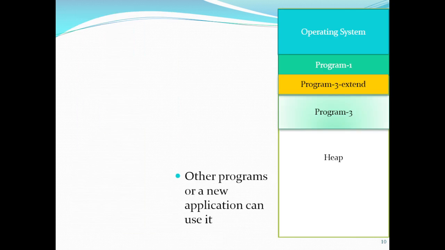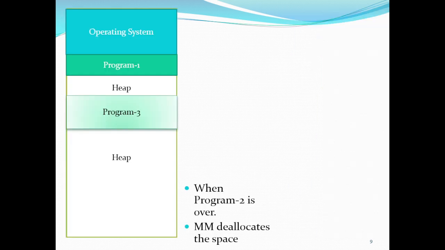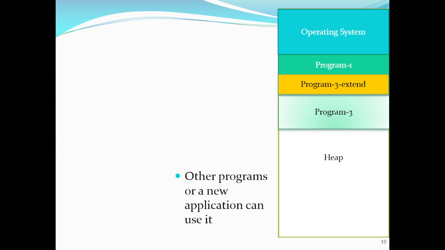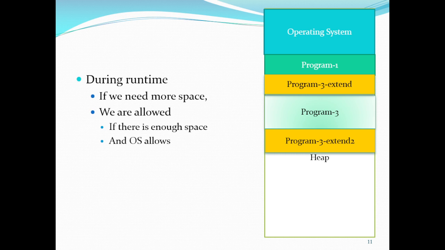Let's say program 3 is asking for extra space, and then the memory management function is granting that space, so we are reusing that place. As you see, the rest of the empty memory part is called the heap. During the runtime we may ask for more space, and if there is, the memory management function allows us to use it.